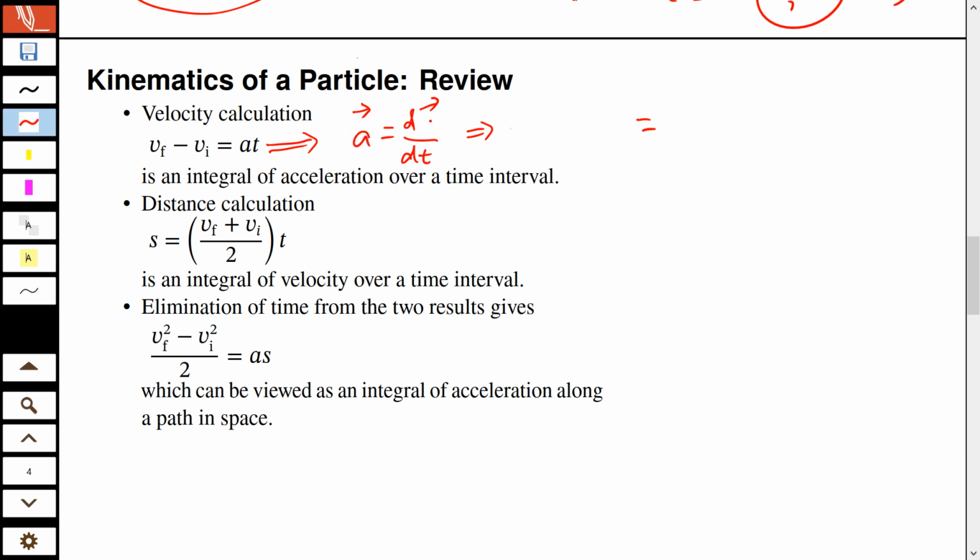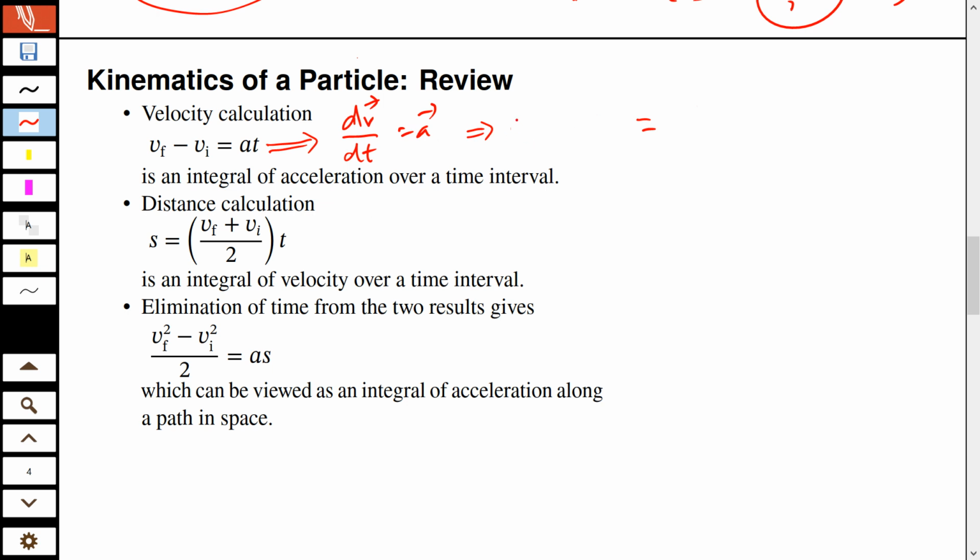The acceleration is the rate of change of velocity. So if you want to solve this equation, you integrate. Maybe I should write it this way: the rate of change of velocity is equal to acceleration. I can now integrate both sides over time.